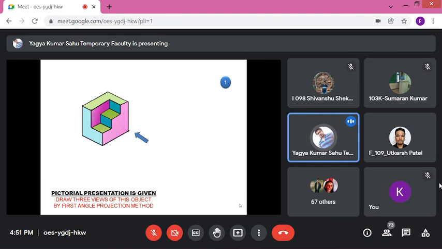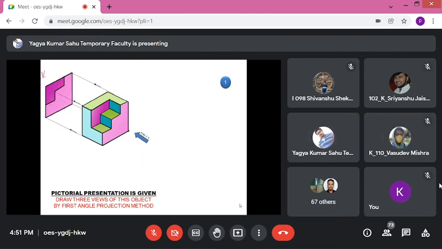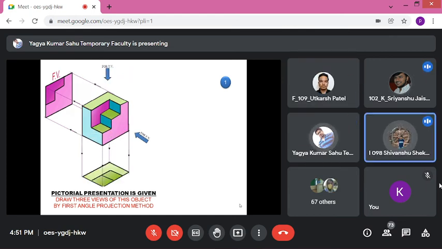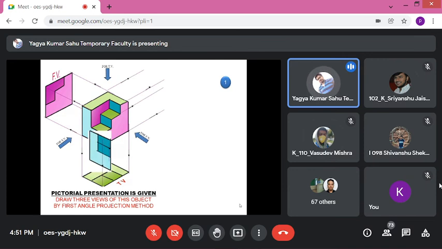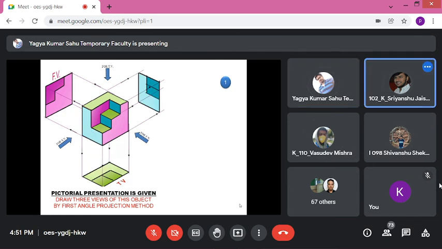If the arrow is showing in the front side. Pink, sir. Pink, okay. So you'll get front view like this. Easy. Yes, sir. Then what about the top view? Green, sir. Light green, like this. Okay, light green and dark green. Now, what about the side view? Blue. Sky blue.